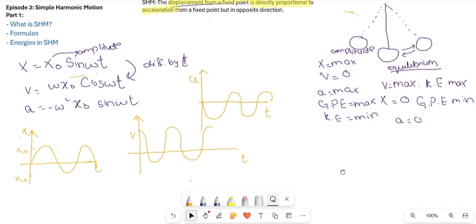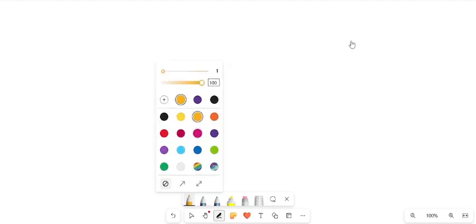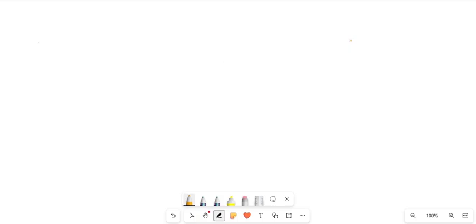Okay, now I'm going to make 2 more graphs, and that will help explain the definition even better. And that is acceleration against displacement.